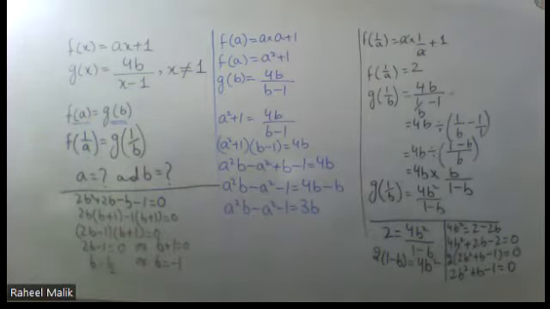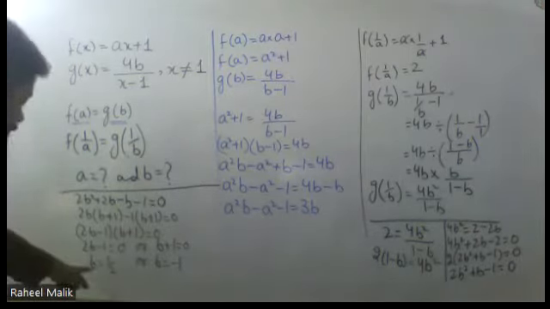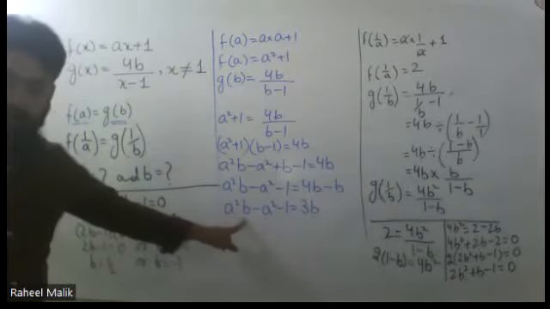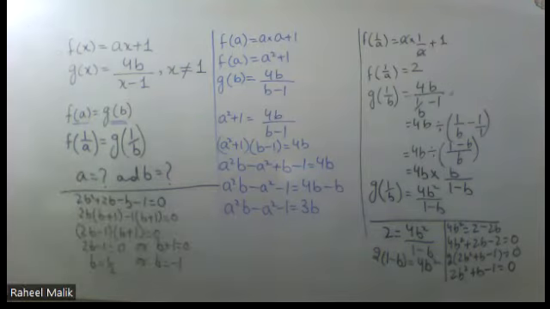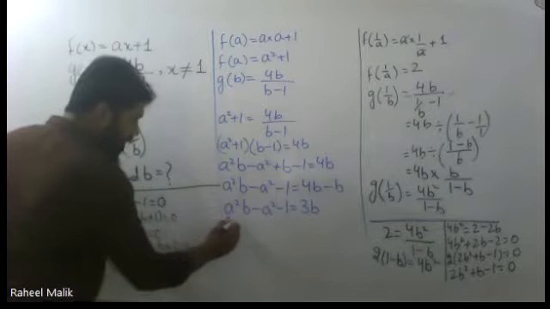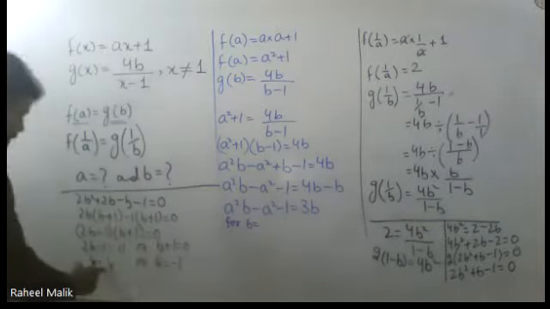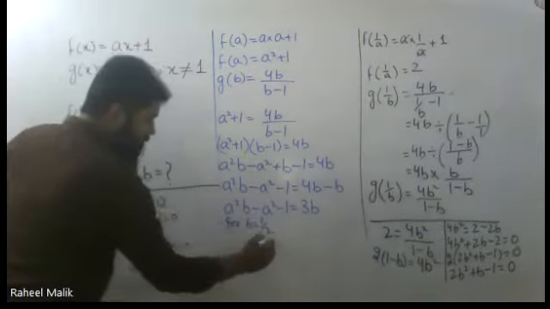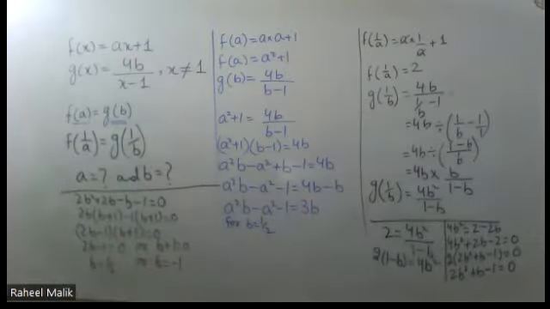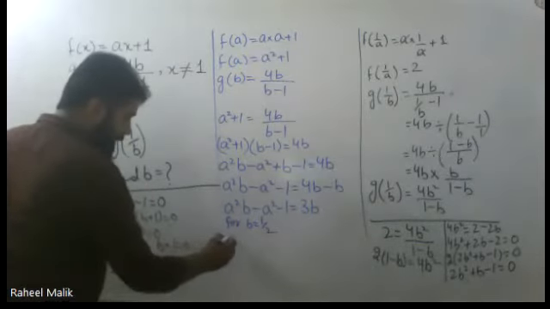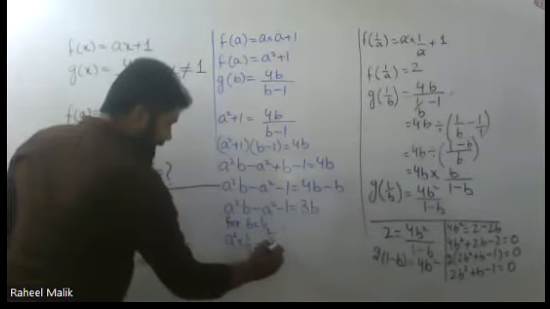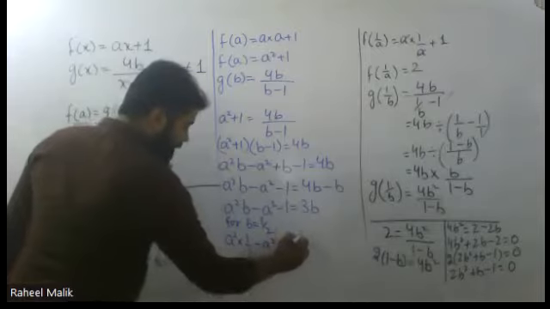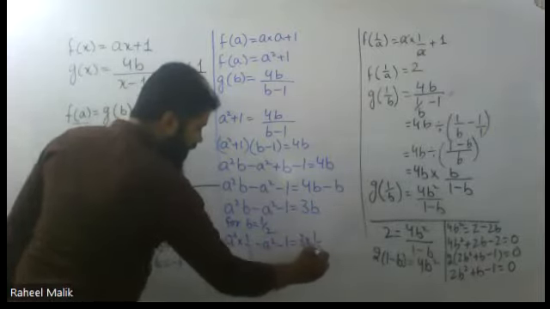So now what will you do? You will plug in the values of b one by one and you will get the result of a. So first of all, for b equals 1 upon 2, simplifying it, this will become a square multiplied by 1 over 2 minus a square minus 1, 3 multiplied by 1 over 2.